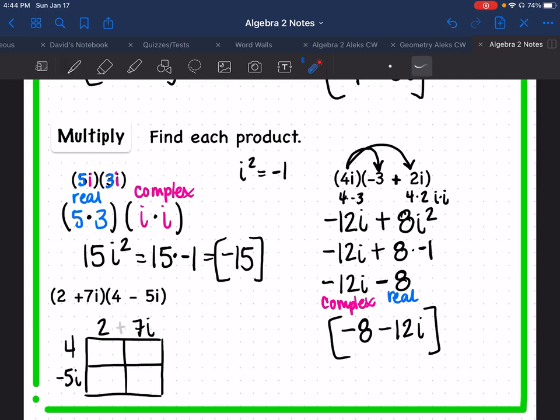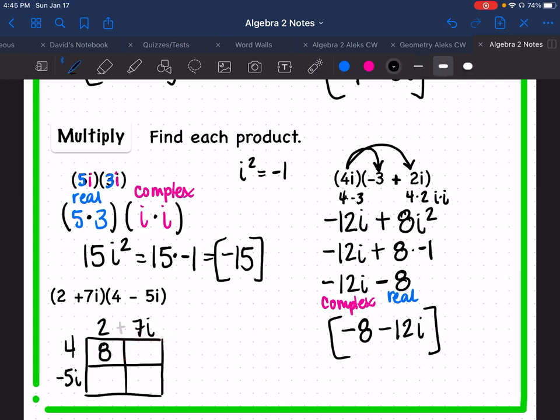What I'm going to do is multiply whatever number's here, which is 4, times whatever number's here, which is 2. So I do 4 times 2, 8. You know how rectangles work. If this is 4, so is this. So for the next one, I have 4 times 7i.